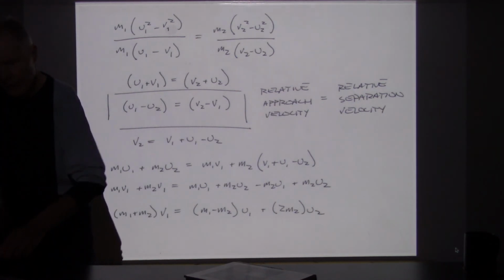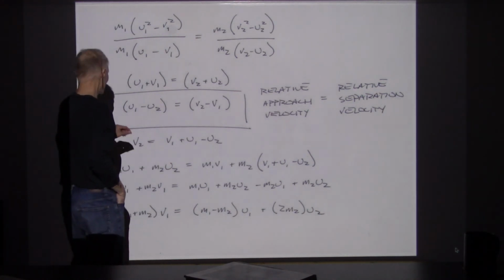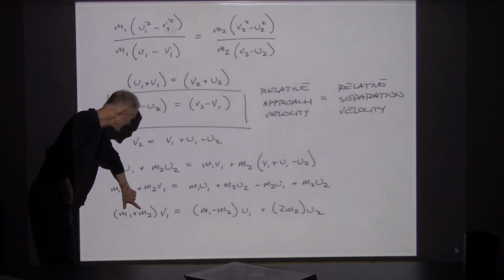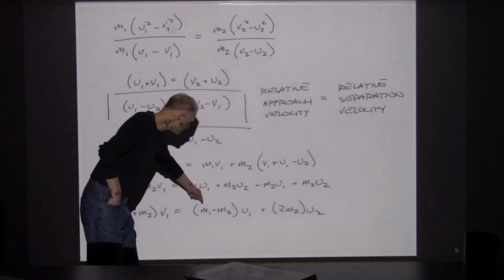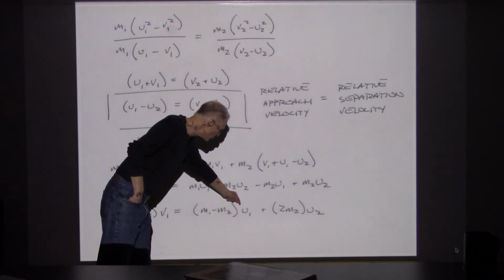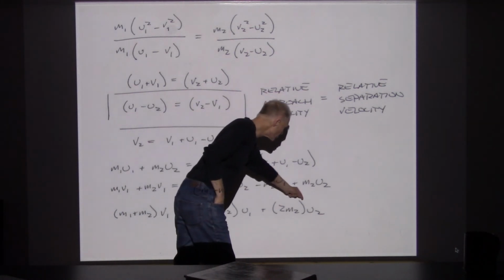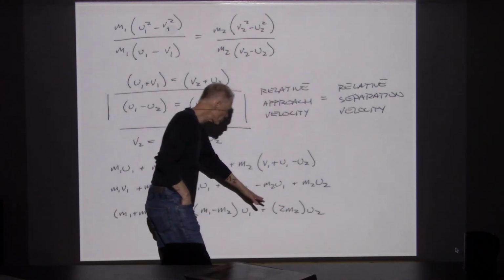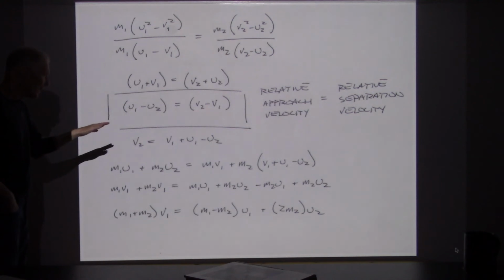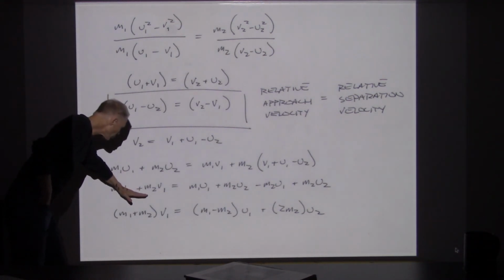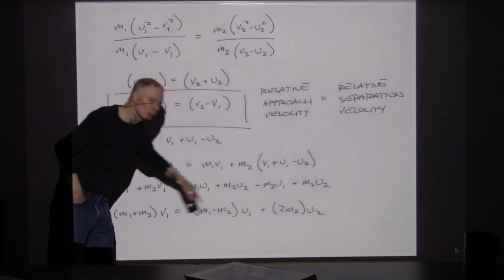Before we go to the next page, what I have is M1 plus M2 times V1 is equal to M1 minus M2 times U1 plus 2 M2 U2. Now U1 and U2 were the initial speeds. Those were given. And the masses were all given. The only thing left for me to do is take this M1 plus M2 and divide it through the other side.